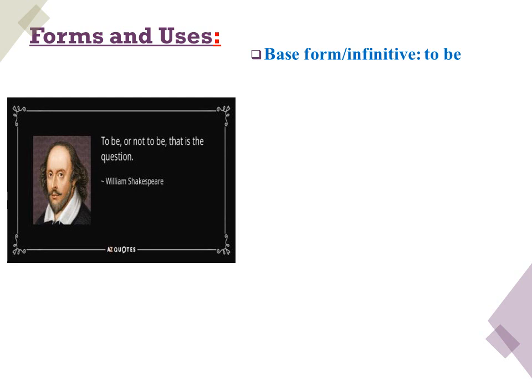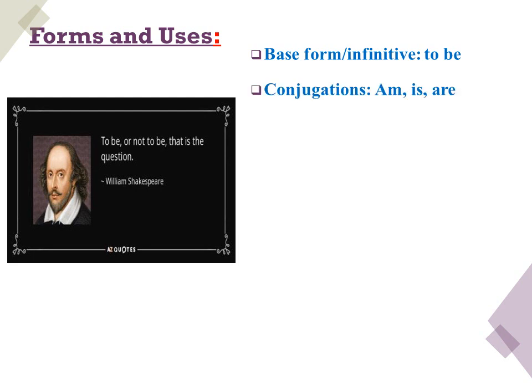The base form, the infinitive form of the verb to be, is to be, okay? The verb is be, but we say to be to give the infinitive, base form, the original form.